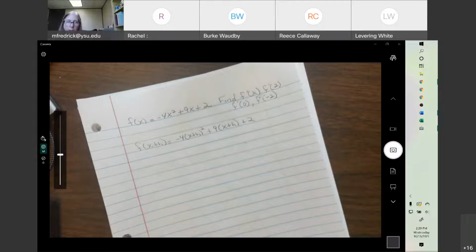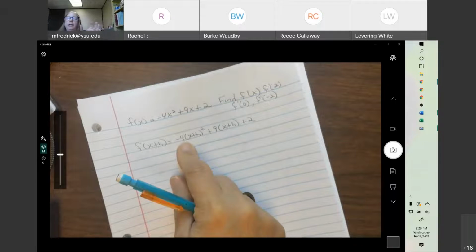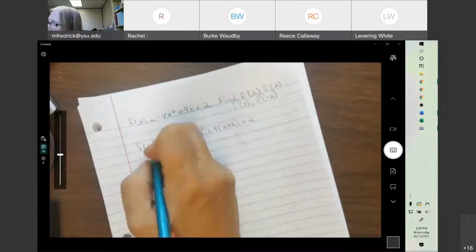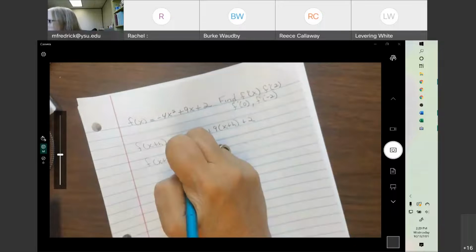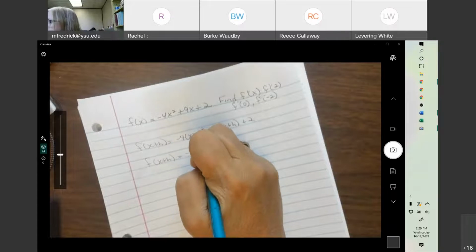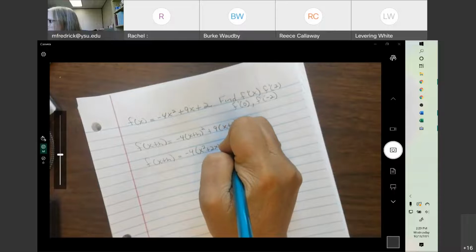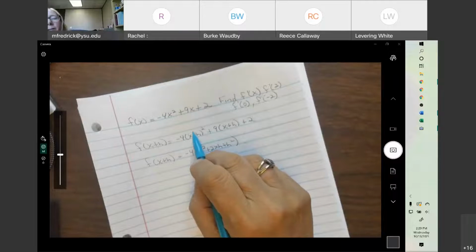Any questions so far? Now this x plus h squared means you take x plus h times x plus h and FOIL it. We have negative 4 times x squared plus 2xh plus h squared. That was just foiling this.